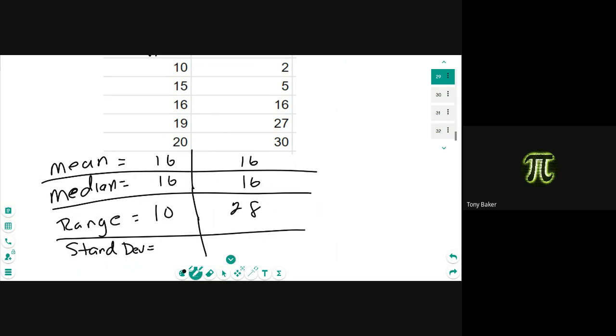If you've done it correctly, this is what you should get. If you don't just write this down, actually do it, because I want to make sure you can do this before you leave.